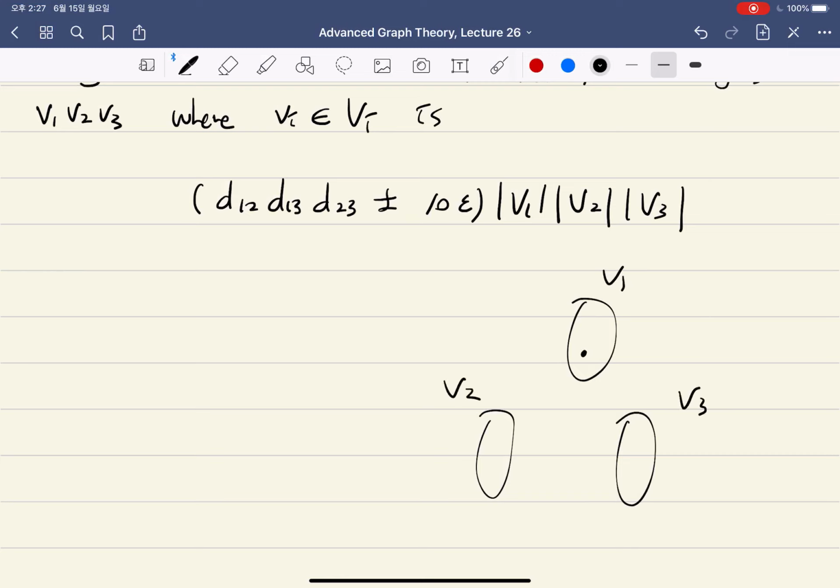You choose one vertex here. The number of ways to choose is this many, but except for a few exceptions, most of them have the correct degree on both sides. So this has t12 plus minus epsilon times p2 many neighbors, and t13 plus minus epsilon times p3.